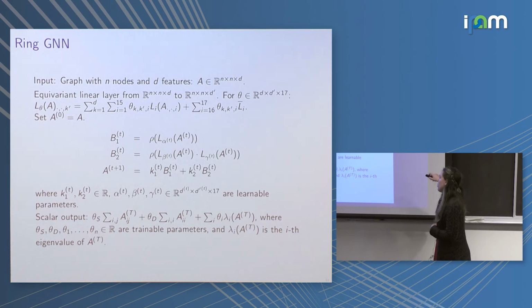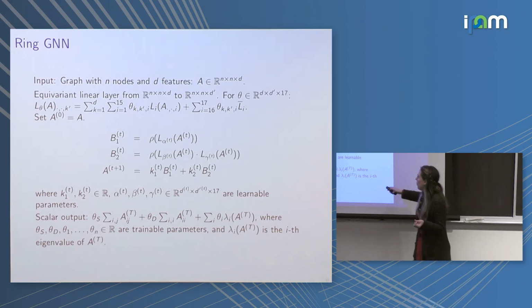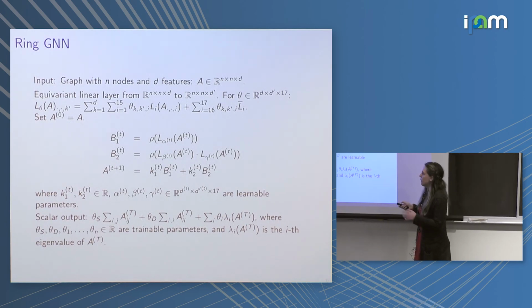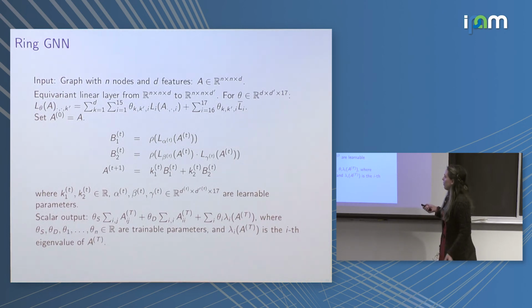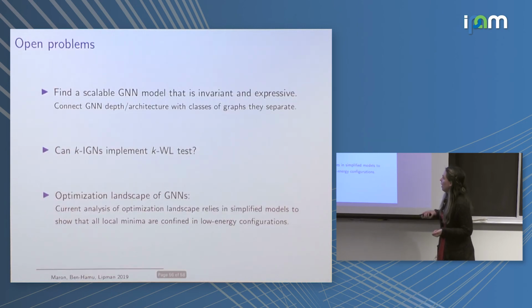You can also add, for instance, some form of spectral method. We added it, but that's actually not necessary. You can look at the eigenvalue of your matrix in your loss function if you want.